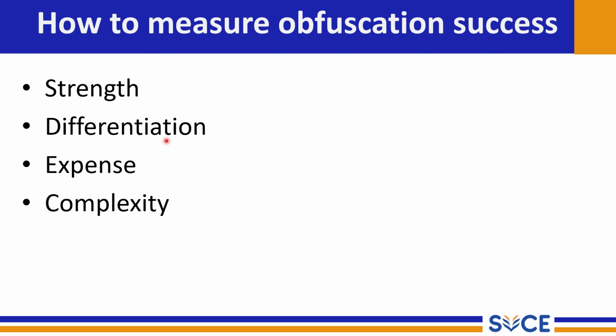Okay, and next is expense, and then complexity. A cost efficient obfuscation method will be more useful than an expensive method, particularly if it scales well for larger applications. And next, complexity. The more layers the obfuscator adds, the more complex the program will be, making the obfuscation more successful. Okay.